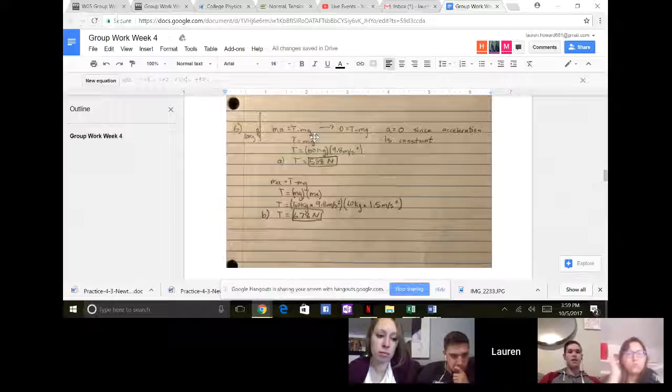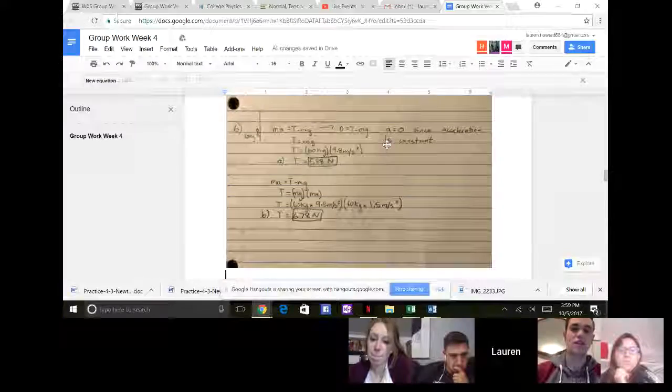Oh, I see what you're talking about. If you see the equation at the very top left, ma equals t minus mg. I drew an arrow to the right where I just replaced ma with 0. So then I just added mg to the other side, so it's t equals mg, because m times 0 is 0.